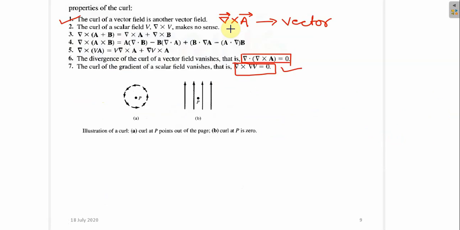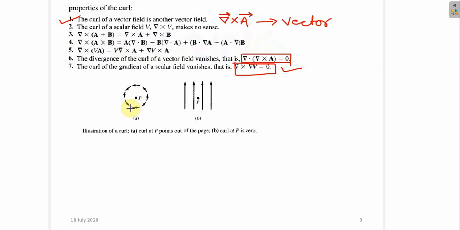If you put your right hand at this point with your thumb pointing outward, then the curling of fingers will give you the direction of this curl.